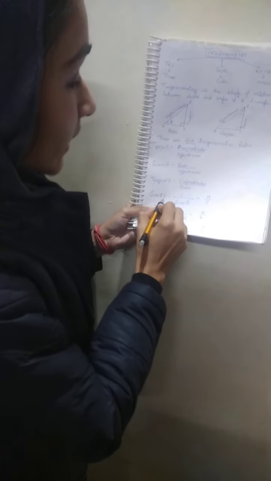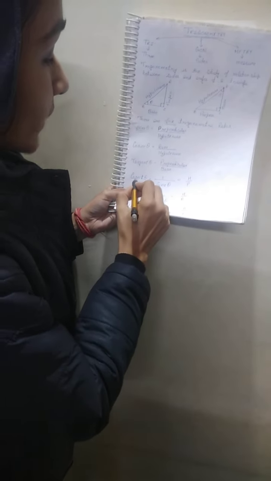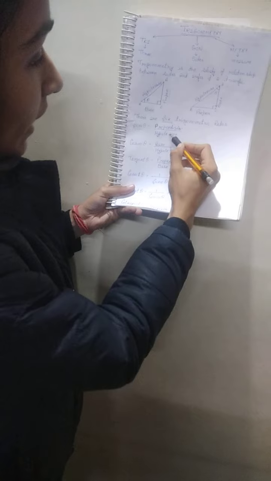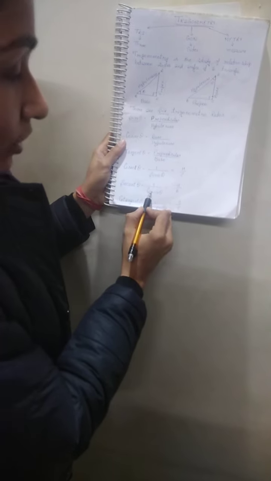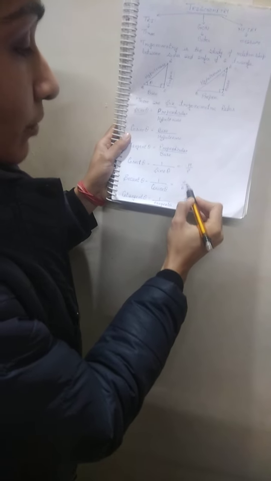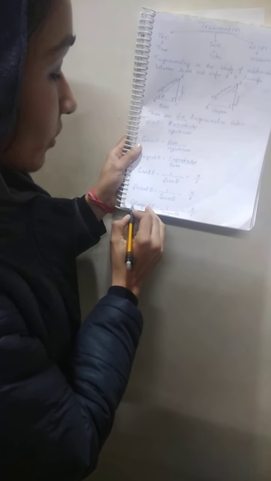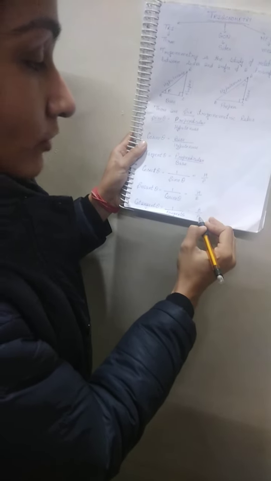Cosecant theta is the reciprocal of sine theta, which is hypotenuse over perpendicular. Secant theta is the reciprocal of cosine theta, which means secant theta is hypotenuse over base. Cotangent theta is equal to 1 over tangent theta, base over perpendicular.